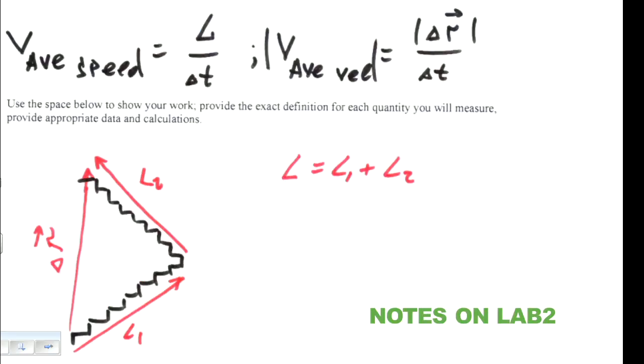Well, a couple of notes on the lab, because yesterday I heard some weird things. You don't have to measure all individual pieces, you just roll the measuring tape and measure all the distances you need. And distance over time gives you average speed. Displacement over time gives you average velocity.